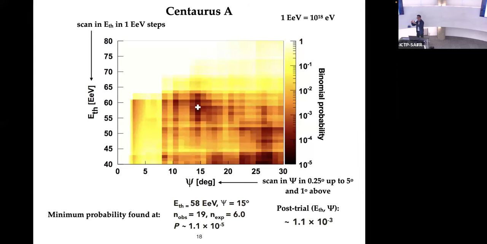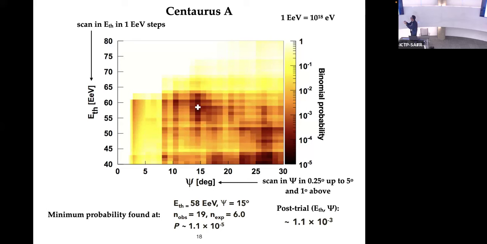And then we compare the number of events with statistical fluctuations from an isotropic sky and see if we can find regions where the number of events is clearly above statistical fluctuations from an isotropic sky. So we basically scan our data in energy, and also we vary the size of the angular region, until we maximize the signal.